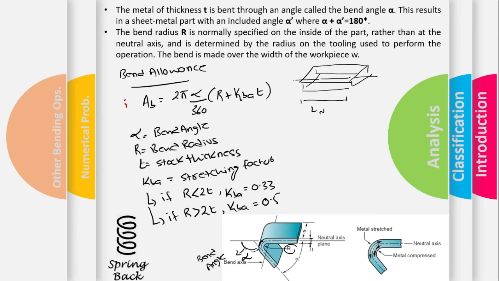So we have the first formula, that is the bend allowance. What was the bend allowance? That was the stretching along the neutral axis.